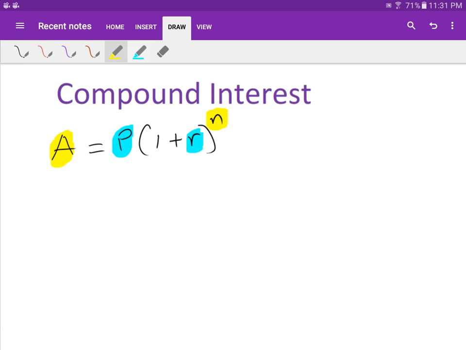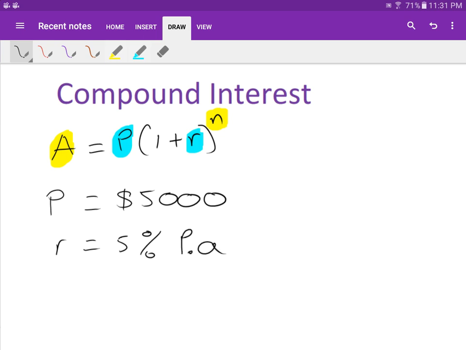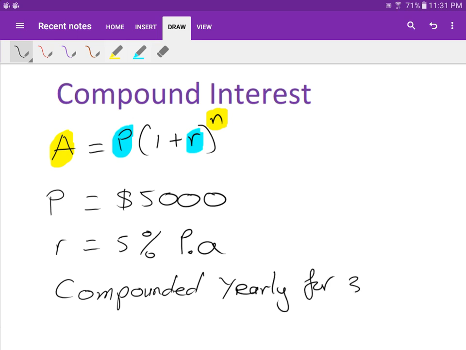Let's say, for example, you invested $5,000 in the bank, and the bank gives you 5% per annum, which means per year, compounded yearly, to start with, for 3 years.